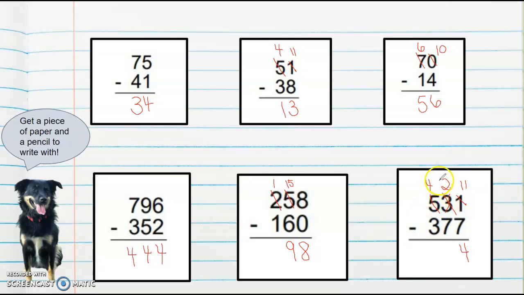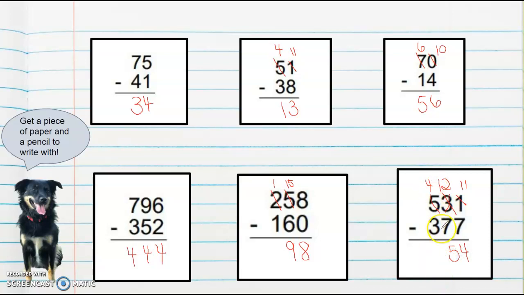The one I just borrowed turns my 2 into a 12. It's not 3 or 13. It's 12 because now I have a 2 in the tens place. So I have 12 minus 7, which is 5.